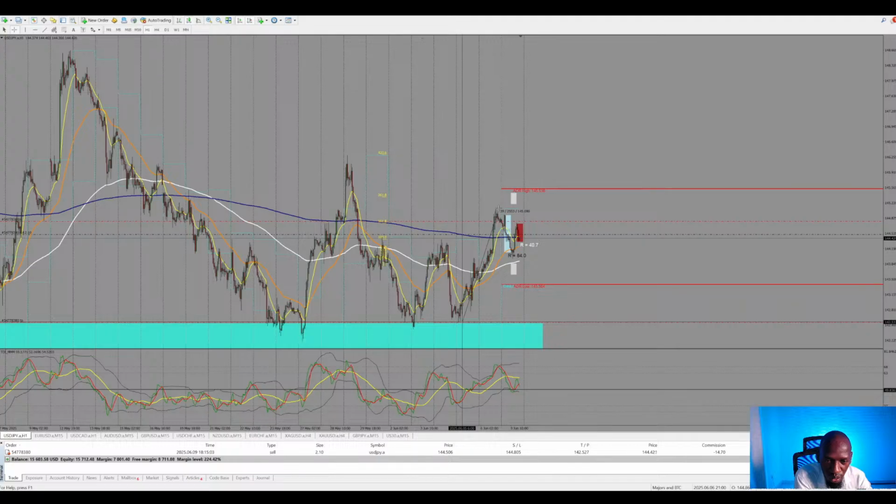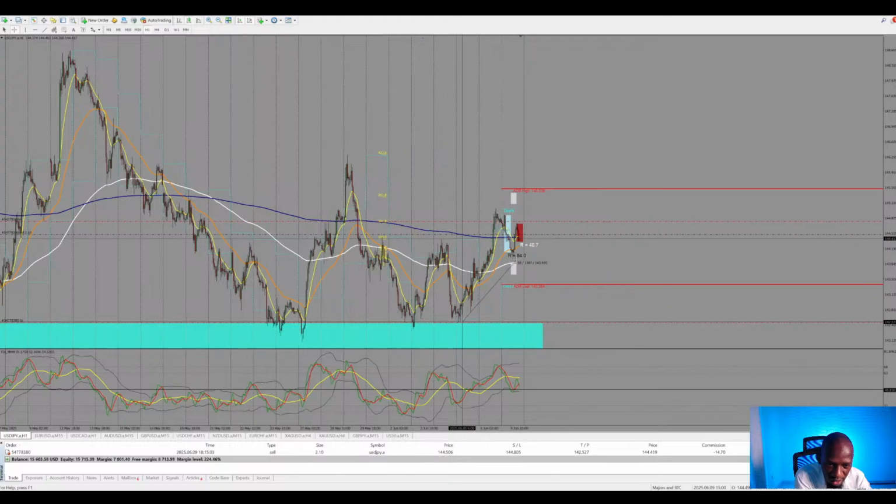So what that means is, the price position for us to come and get another buy is we want it to come to at least the halfway point.